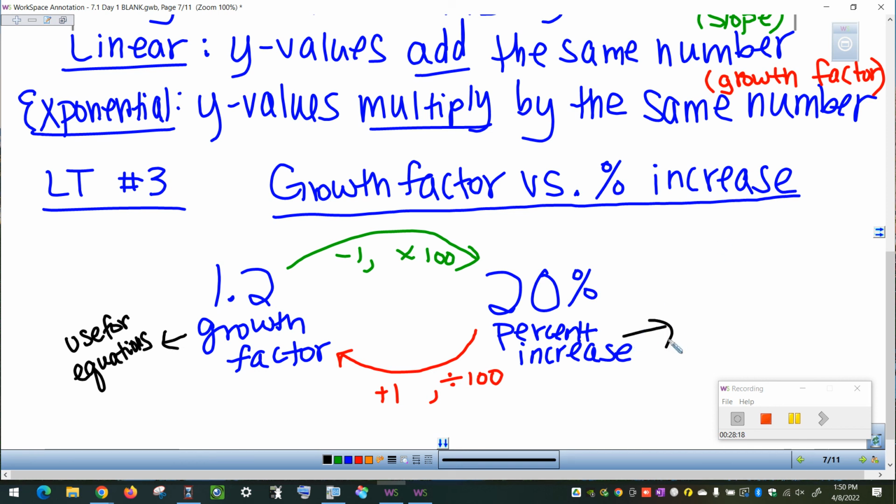The reason that we care about the percent increase is because this is what we use for stories. So if I want to tell a story, like what is happening with this equation, I'm not going to say that Andy's colt grew 1.2 every month. That could be confusing. Instead, I'm going to say that Andy's colt grew 20% every month.